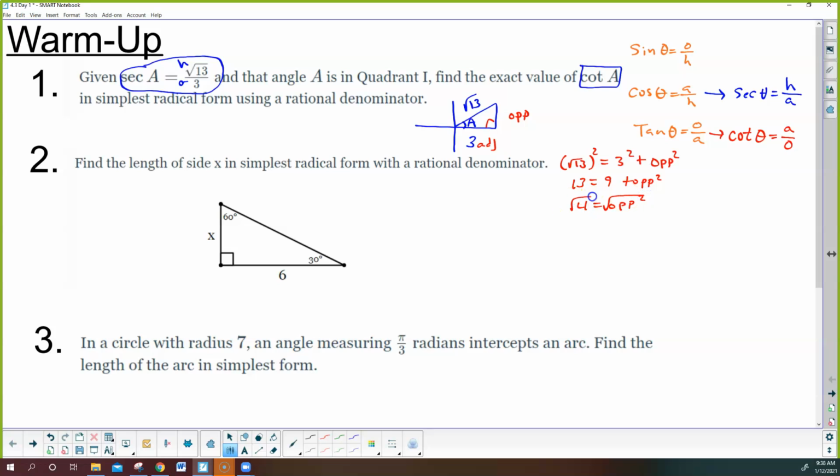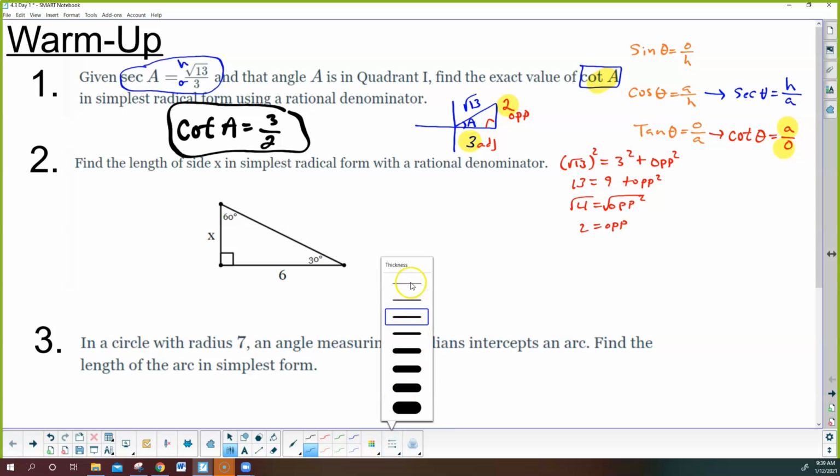And if I take the square root, then I get the opposite side being 2. Okay, so now all I have to do is set up the ratio that they're asking me for. What is cotangent? Cotangent is adjacent over opposite, 3 over 2, and we're done. All right, there's the first one.